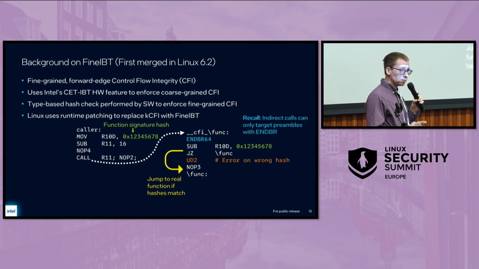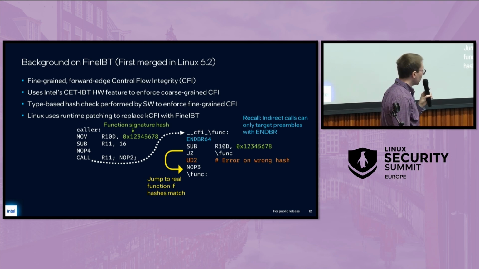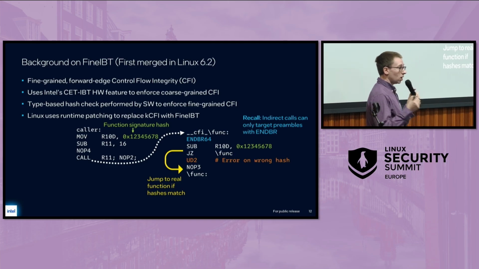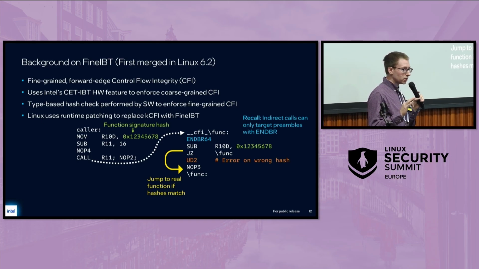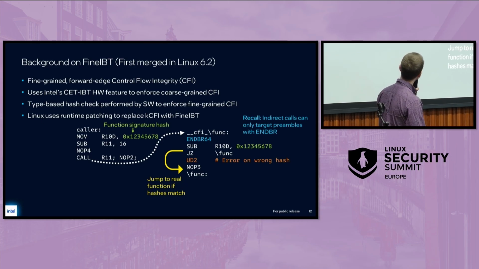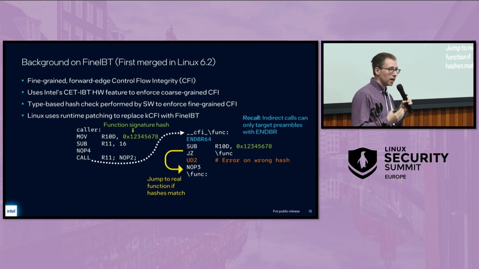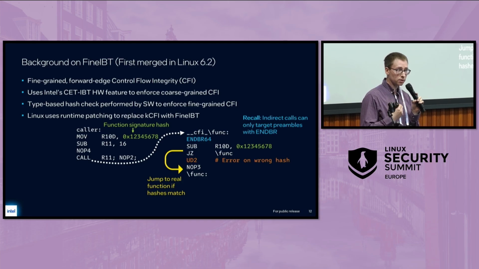Now, FineIBT is a software technique that builds on top of CET-IBT, and it's not very complicated. I'll walk through the assembly. At each indirect call site, so you can think of this as anywhere where there's a function call through a function pointer in C code, the compiler will take a hash of the function pointer's type.